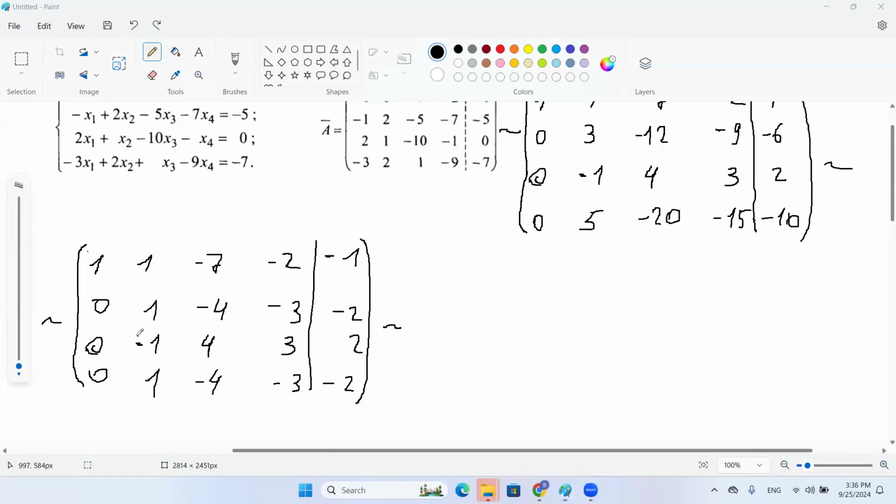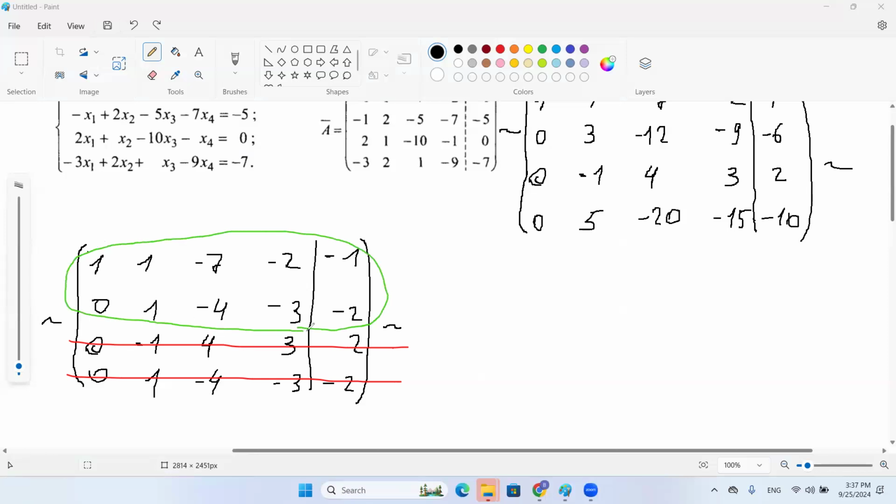Probably we can eliminate the third row's second element. We can eliminate this row, because you see that they are the same, just multiplied by -1, so different signs. So we can eliminate all of these rows, and here is what remains. Only this we need. So we will rewrite our matrix.